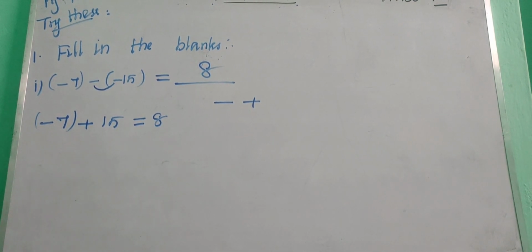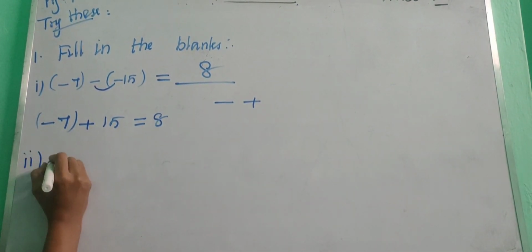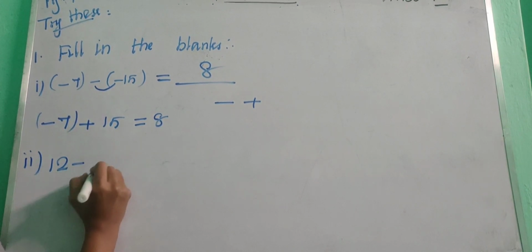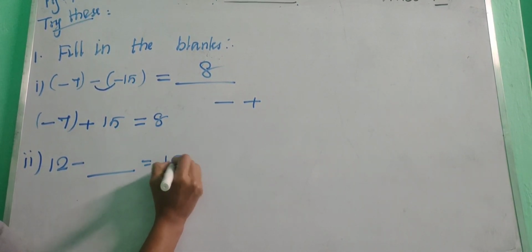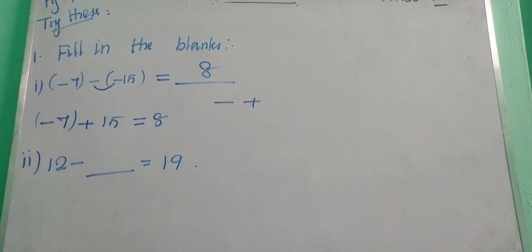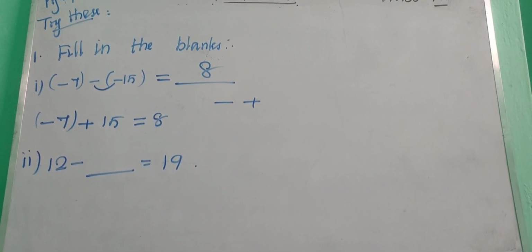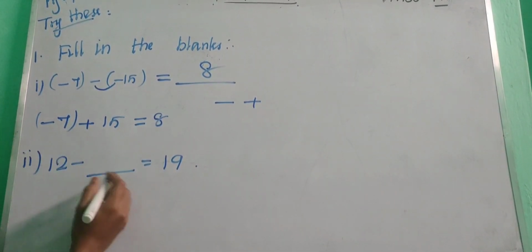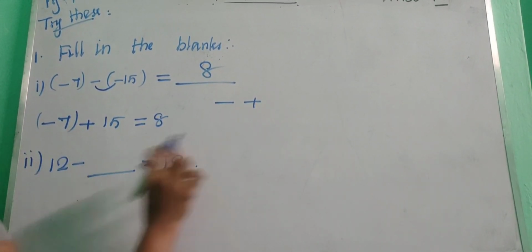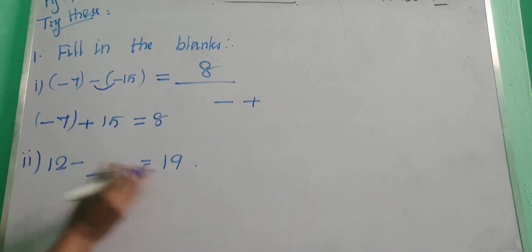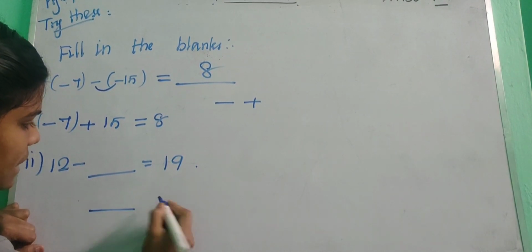Okay, and then the second one. 12 minus dash equal to 19. We need to find this dash. So just keep this dash on one side and bring these numbers to the other side.